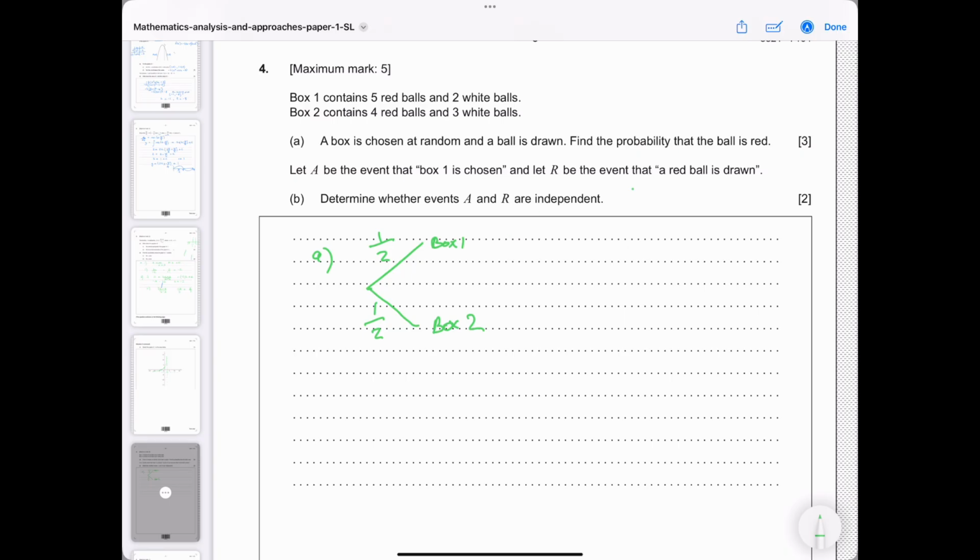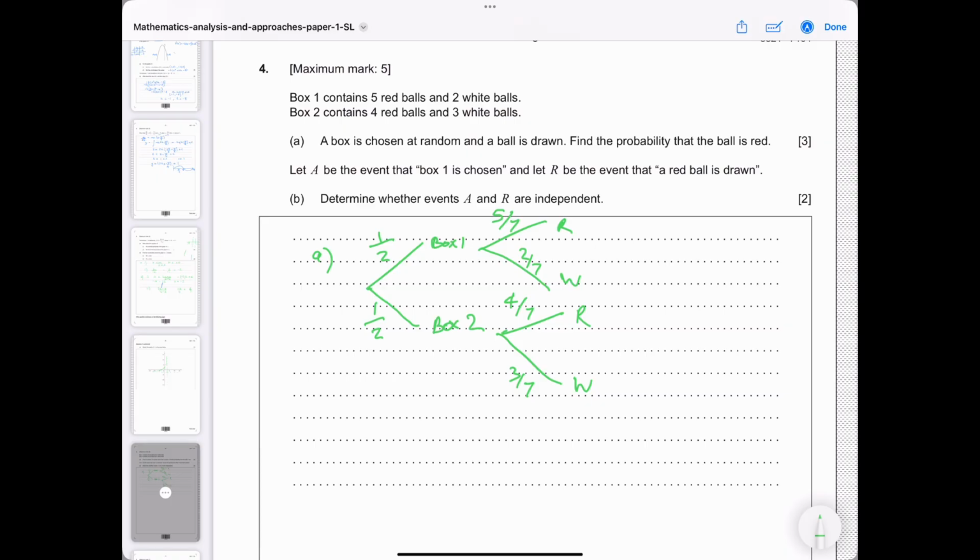Find the probability the ball is red. So box 1, that's red and that's white, and it would be 5/7. So if you've chosen box 1, the chance of that is 5/7, and that's 2/7. For box 2, it's 4/7 and 3/7.